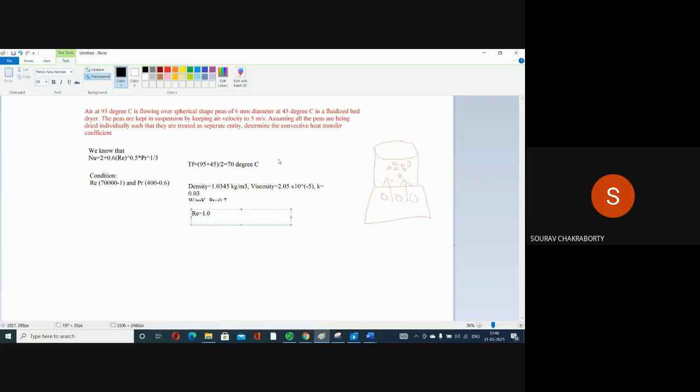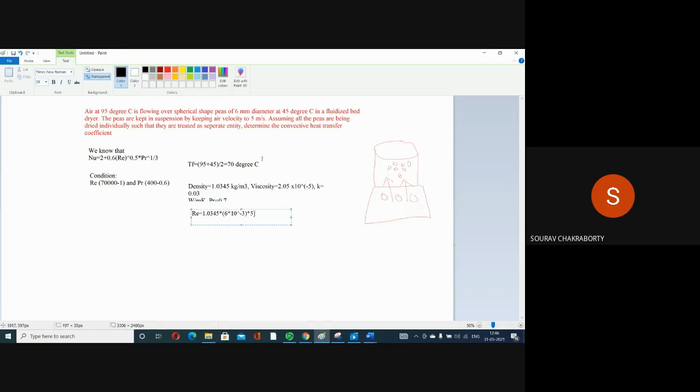So we'll put the value 1.0345, that is density. Then D will be 6 into 10 to the power minus 3, into 5, that is velocity.